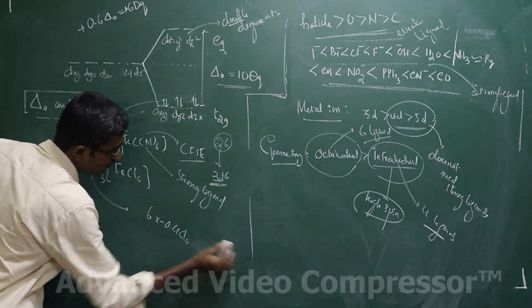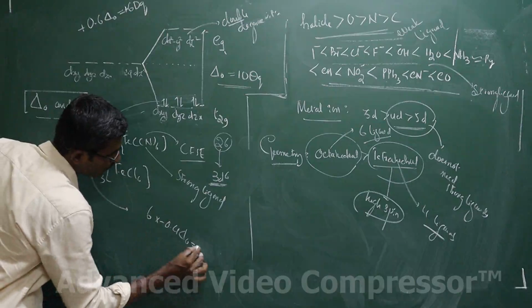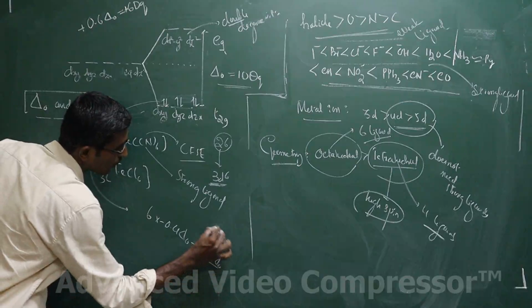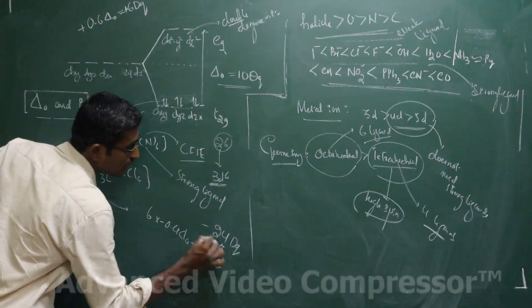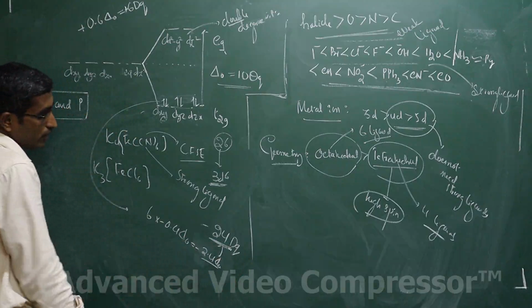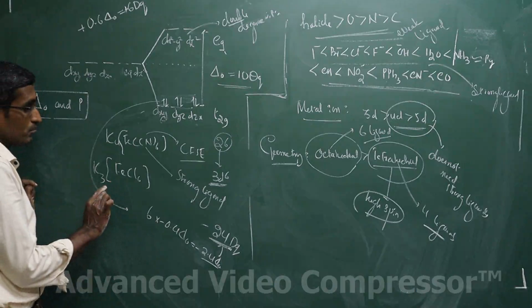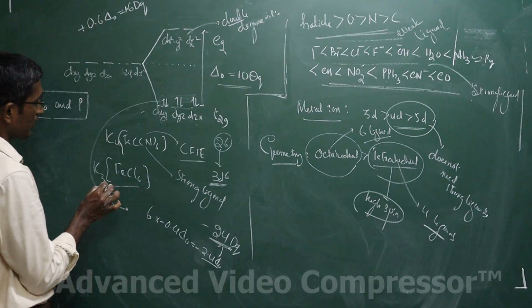Sorry, minus 2.4 delta naught, the highest delta naught it has, or in other words minus 24 Dq is the CFSE for this. CFSE for this is minus 24 Dq.